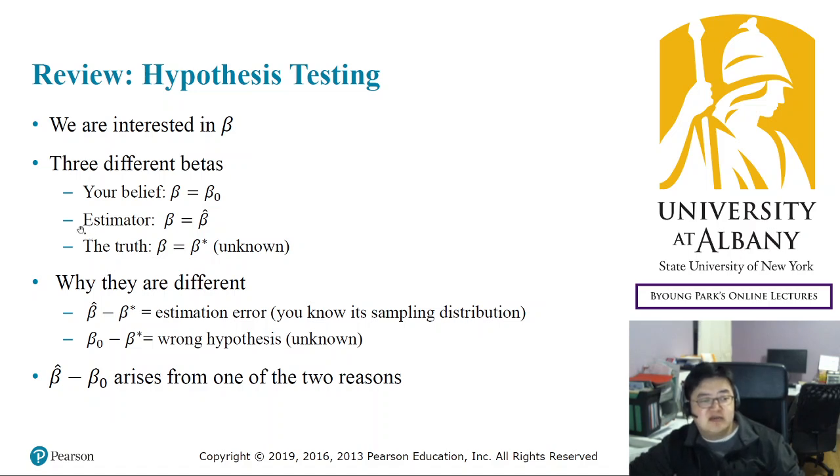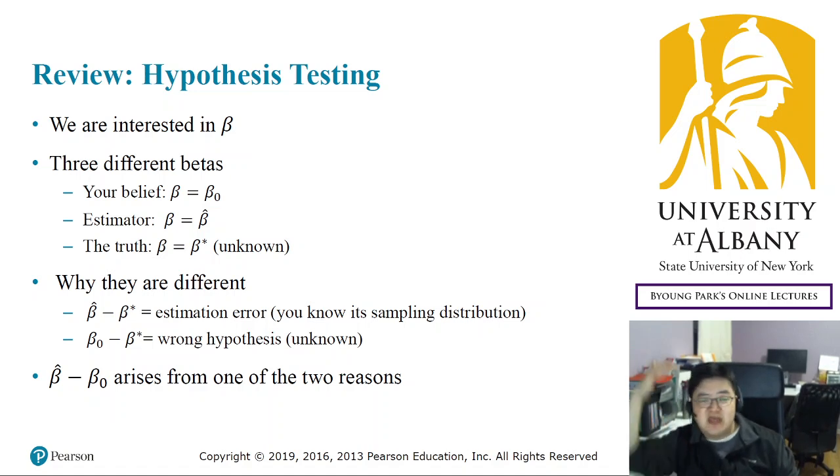And the second aspect of beta is an estimator. So it is simply calculated from the data. We learned how to estimate the parameter from the data, and beta hat is a notation for that, and it is the OLS estimator. And the third beta is the true value of beta, but it is unknown.